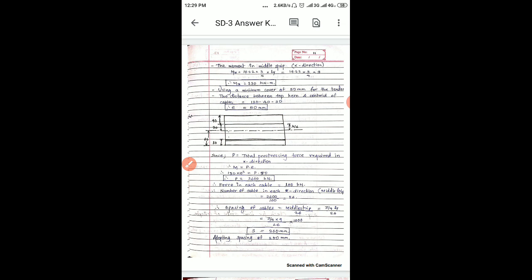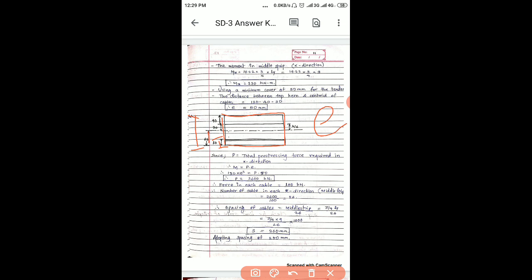Then, using a minimum cover of 30 mm for the tendons, the distance between the top kern and the centroid of cables is calculated. Now here we are expected to know the eccentricity. For calculation of eccentricity, the total depth we have assumed as 120. We have taken in the load calculation that we are assuming the thickness or depth of slab as 120. So half of it is 60, and remember this 30 we have kept for the minimum cover.